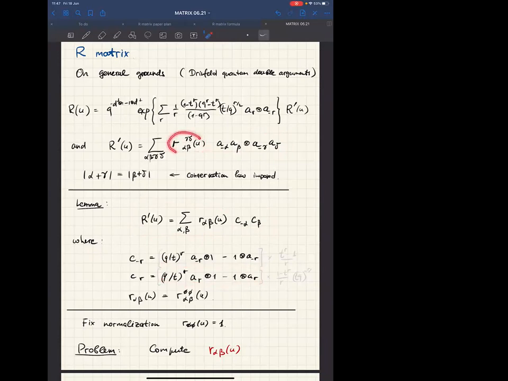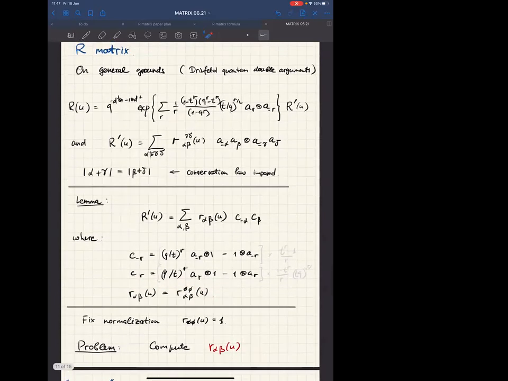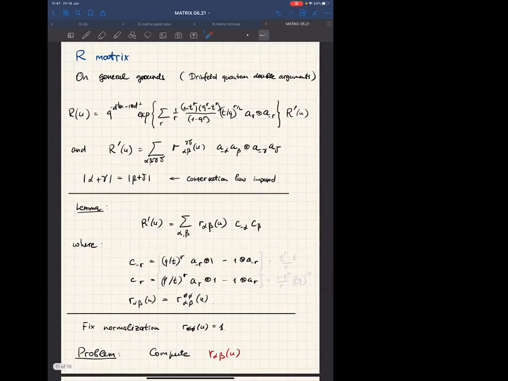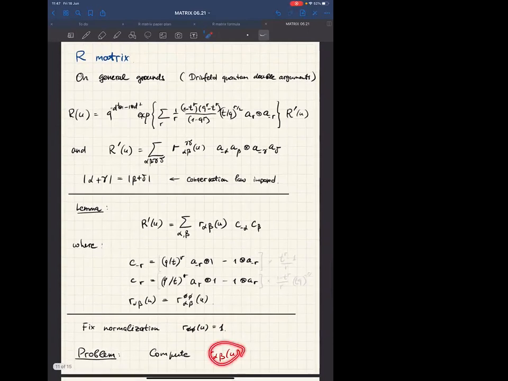So now, instead of having coefficients labeled by 4 partitions, we only need to compute coefficients labeled by 2 partitions, and this relation holds. Now we can fix normalization so that for two empty labels, these coefficients are equal to 1, and we need to calculate these coefficients R.